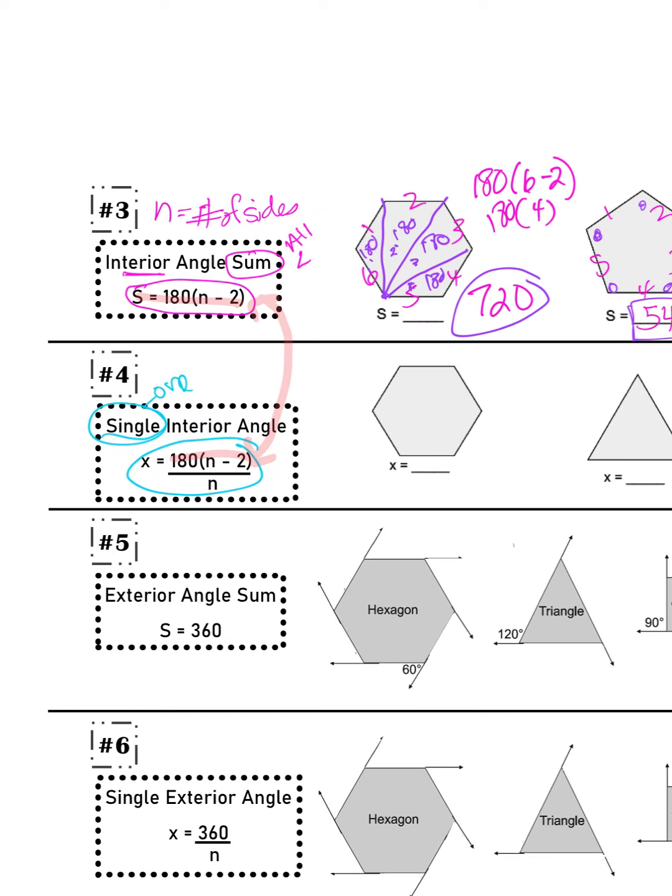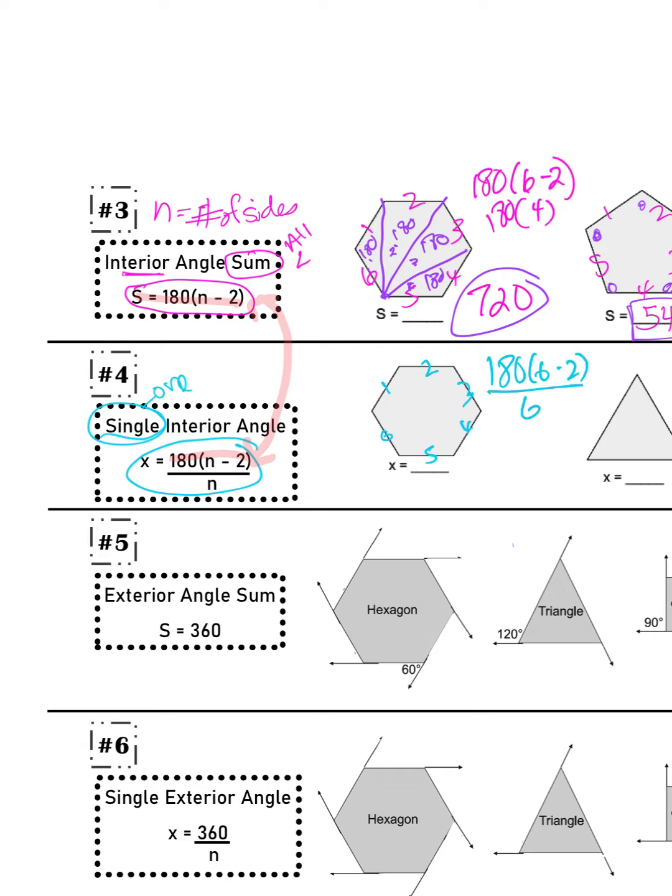So if I'm looking at this first one, we're going to take 180 times n, 1, 2, 3, 4, 5, and 6, minus 2, divided by 6. So we get 720 divided by 6.